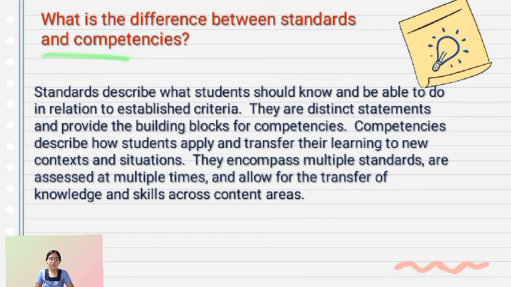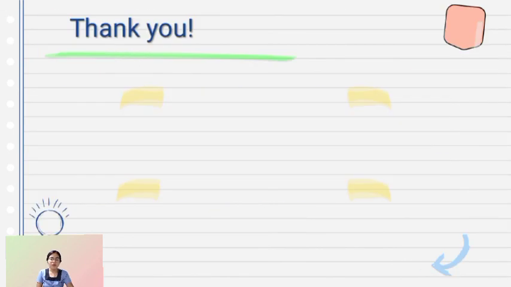These curriculum standards and competencies are one of the essential tasks of the teachers in implementing the K-12 basic education curriculum. And these are very useful for the teachers, especially when they design their instructional plans and assessment tools.